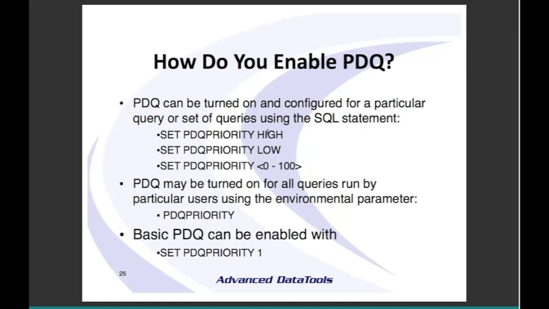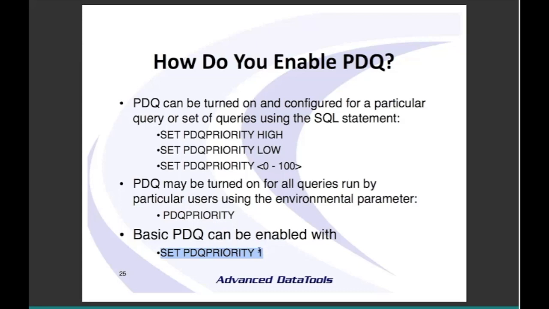But for reports, for things that do complex queries, even just setting PDQ priority to 1 will turn on parallel reads. And that's what I like. That's what I want, is parallel reads. And set PDQ priority to 1 will turn that on.